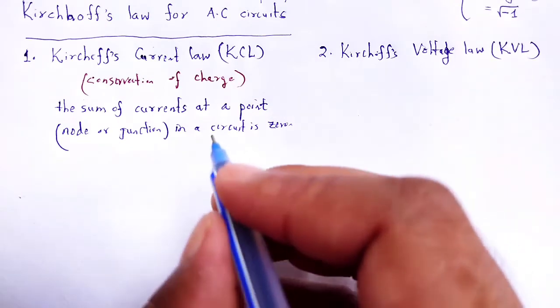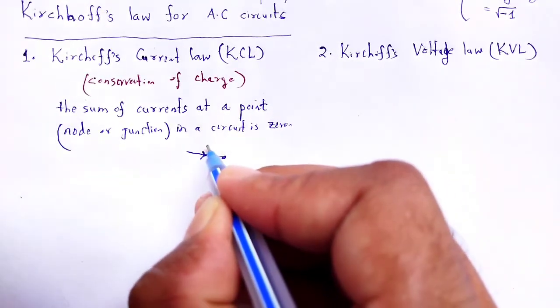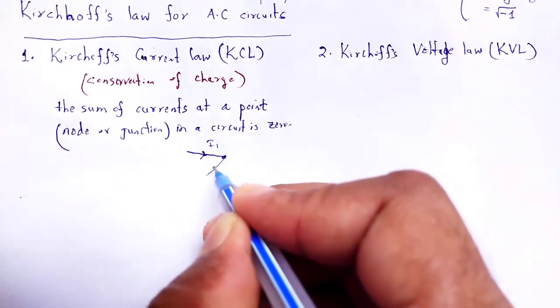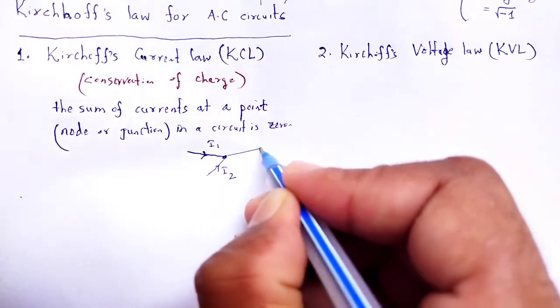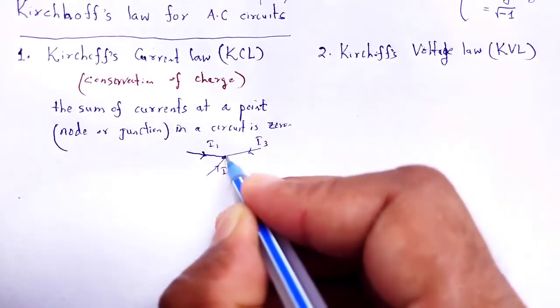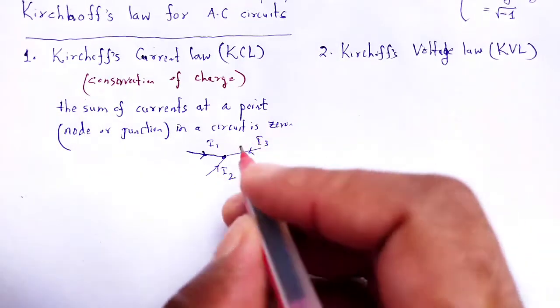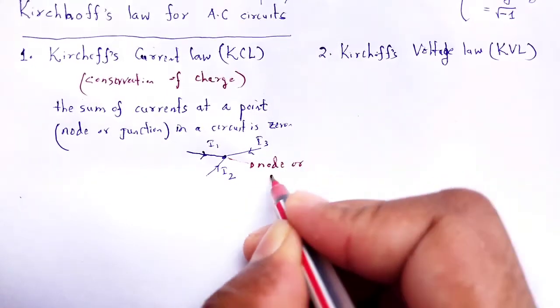Look at the figure here. Let that be the point, with I1 current entering, I2 current entering, I3 current entering. That particular point is the node or junction.